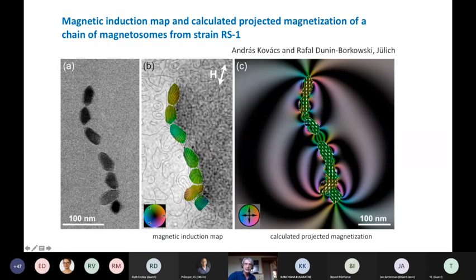And you see that they have a net magnetic moment in this direction. And also you can calculate the projected magnetization inside these particles. So it shows how these particles are magnets. And you see that the bacterium made a beautiful compass needle. So it's just a nice magnetic dipole.